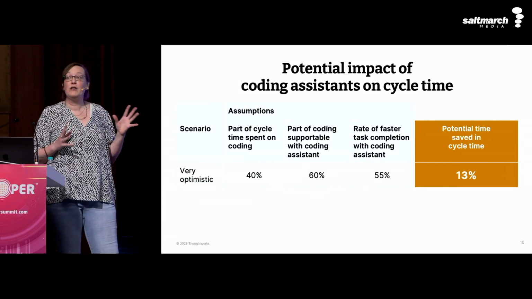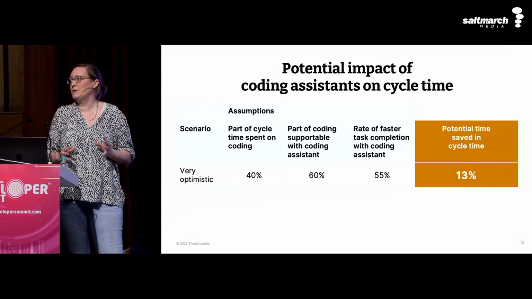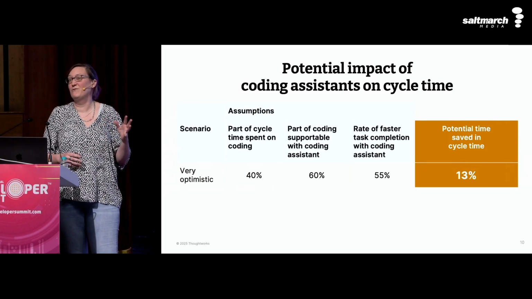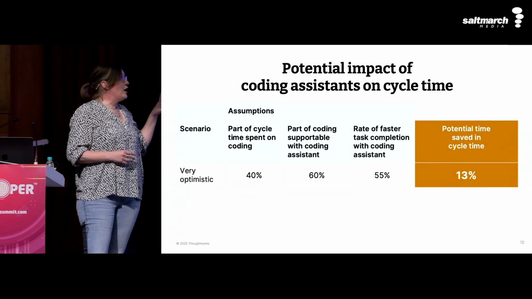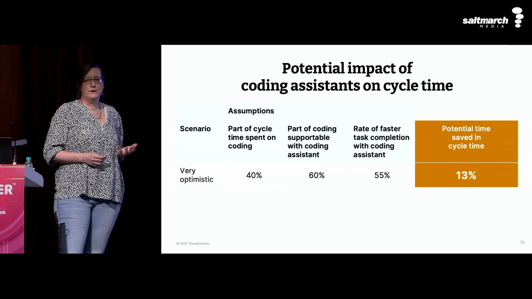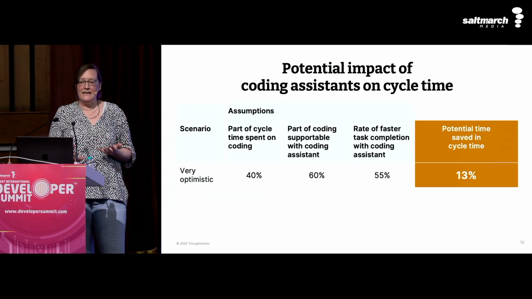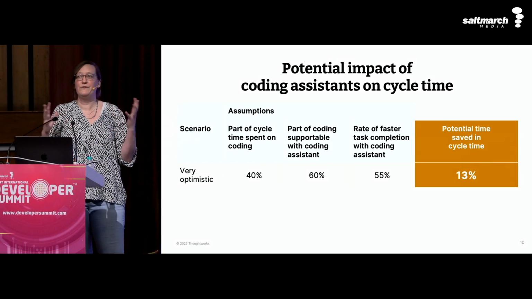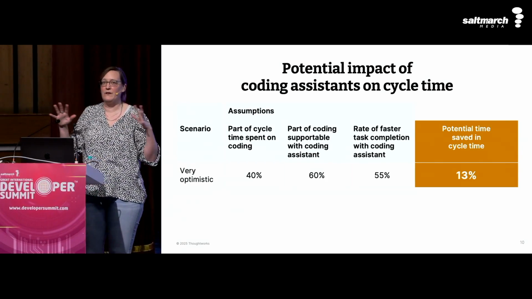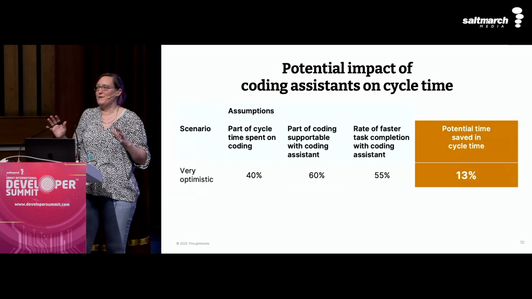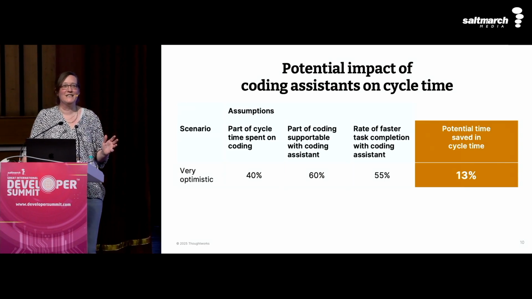So let's say in a very optimistic scenario, the team spends 40% of their time on coding, which is actually relatively high. And then let's say the part of the coding that is supportable with the coding assistant is about 60%. And then let's say the rate of faster task completion is the famous GitHub 55%, which was the number going around all of the C-level suites, and then they said, oh, we can cut our teams in half.